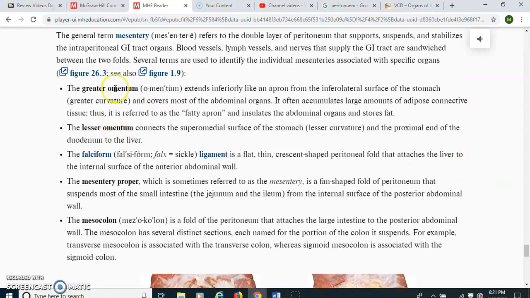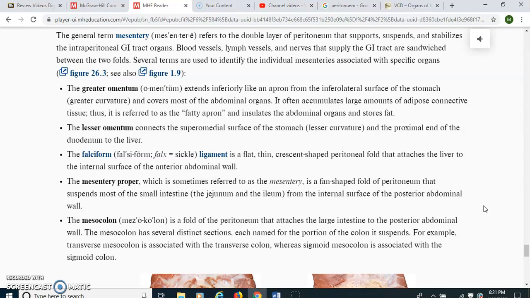So the greater omentum, lesser omentum, falciform ligament, mesentery proper, which in lab we just called the mesentery, we didn't do the proper thing, and then mesocolon, which we didn't talk about. Those are the five mesenteries that you should know the function of within the body.